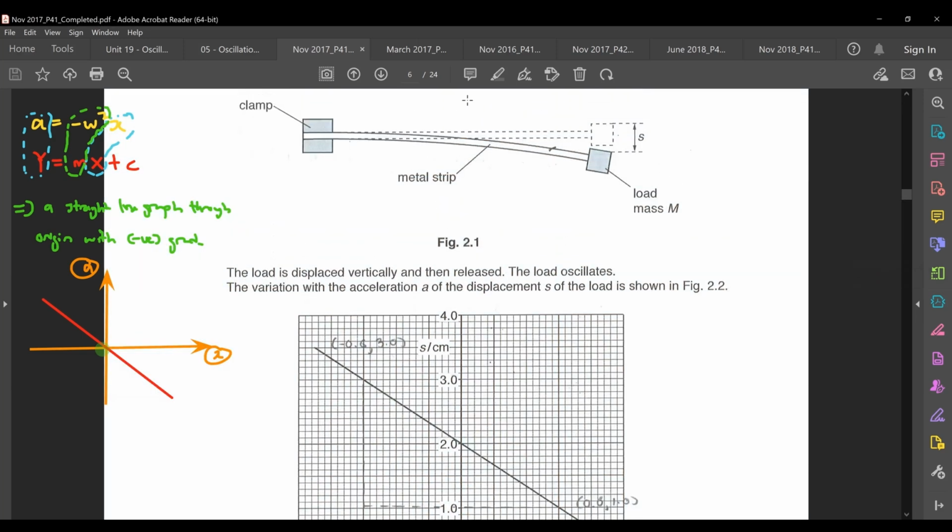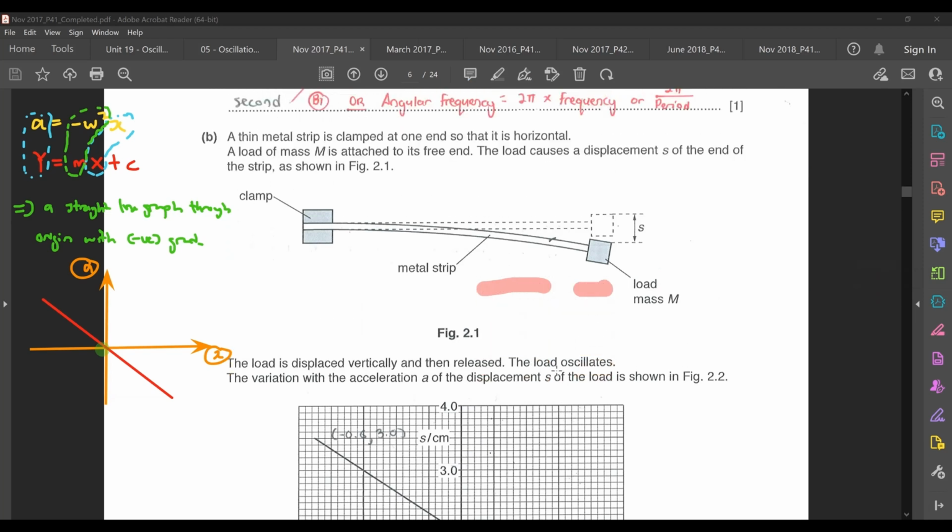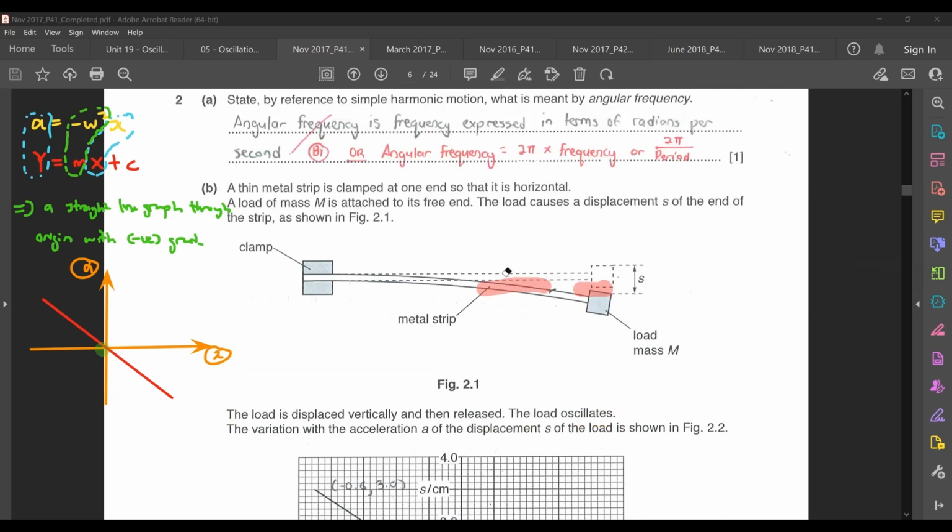Okay, now this one, you have to firstly look at how your displacement S of your load is defined here. If you read back the question earlier, they told you that your thin metal strip was originally horizontal. And then after you attach a mass M here to the free end, it causes the displacement S of the end of the strip here. So you could say that this one was your unloaded position.